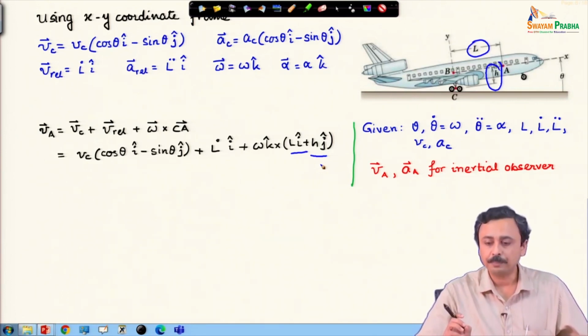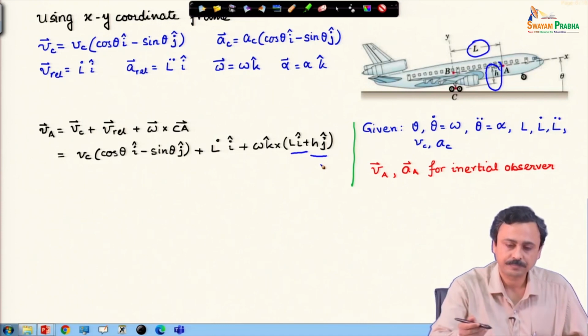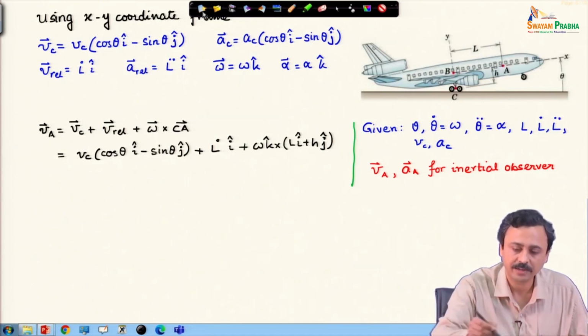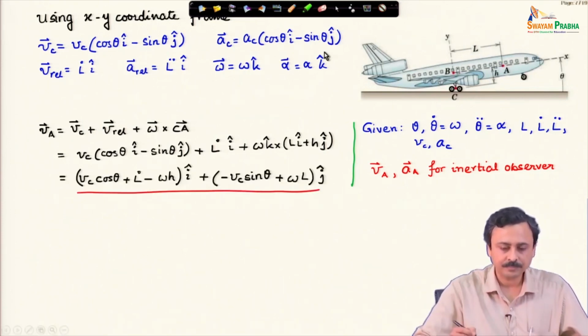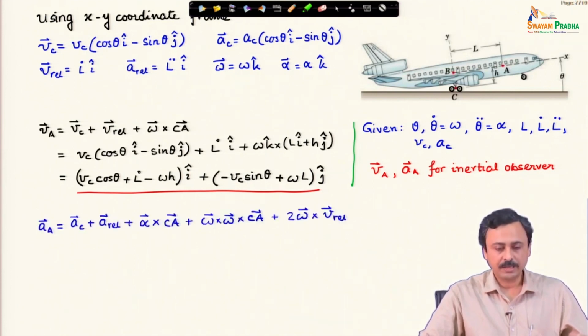That is the vector CA. So, CA is CB plus BA. So, that is how we arrive at this. Just take the cross product and then rearrange, you are going to get this expression, straightforward algebra.